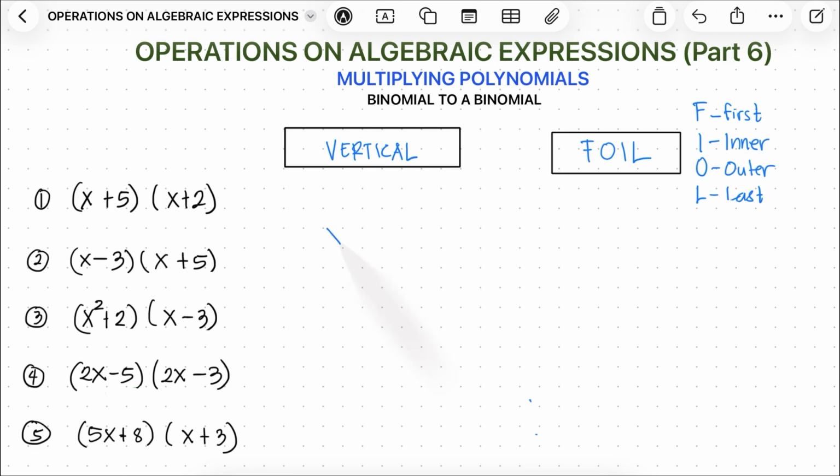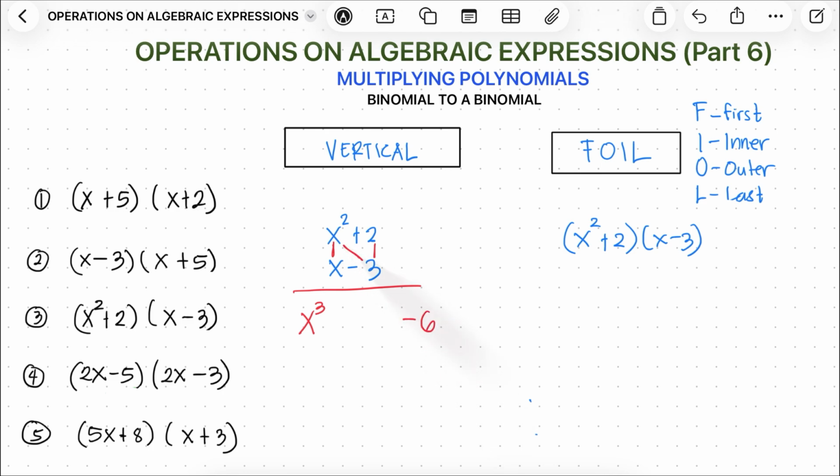Number 3, we have x squared plus 2 times x minus 3. Okay, so multiply, that gives us x raised to 3. So this is squared, this is just x, so x squared times x, that's x cubed. Next, 2 times negative 3, that's negative 6.